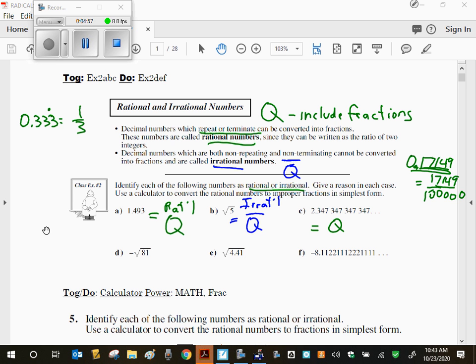If it's a radical, just punch it in your calculator and see what happens.